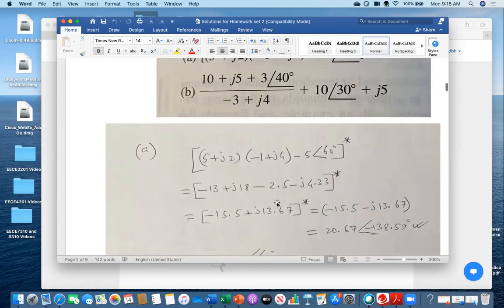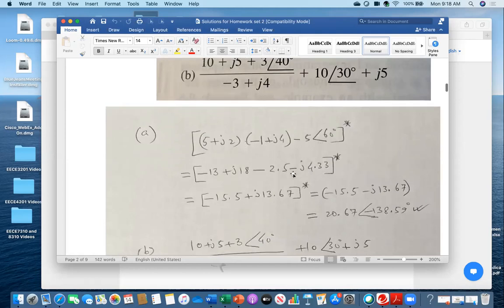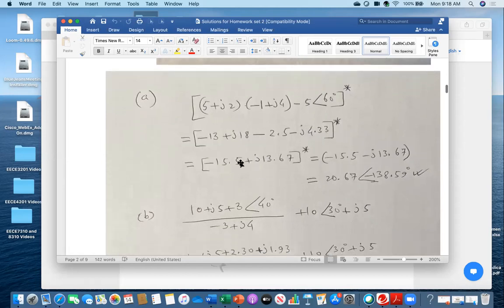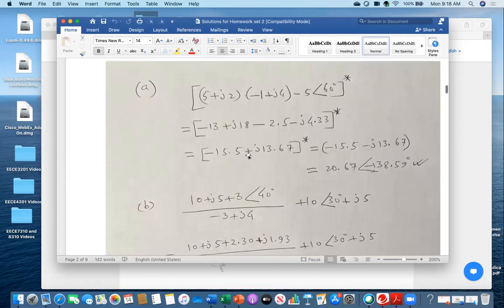So see the first one, I am just multiplying. From here I converted again into rectangular form. Then I simplified. And then from here I have the plus sign, plus j.